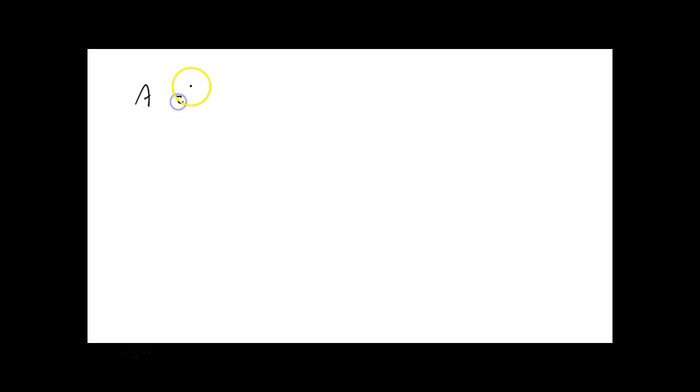We can represent in shorthand that matrix as A sub ij, where i goes from 1 to the number of rows, j goes from 1 to the number of columns. So that little nomenclature there represents the whole matrix.